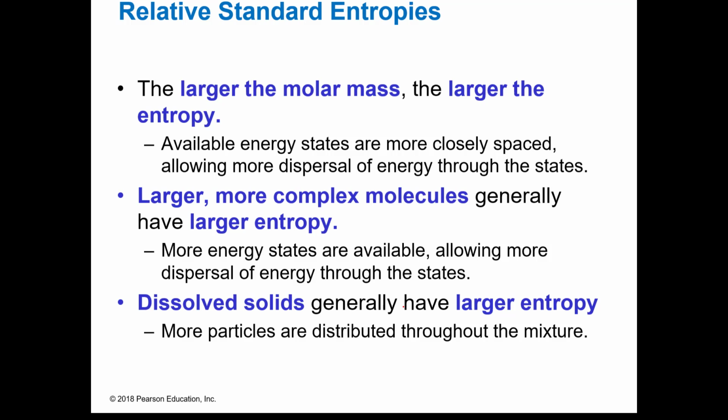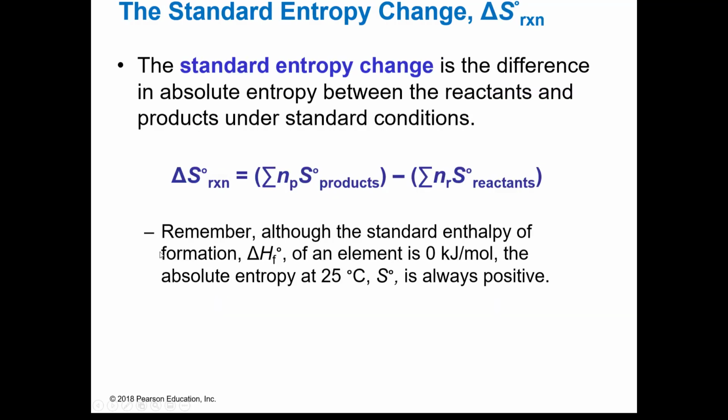Also, as we've said before, the larger the molar mass, the larger the entropy, because you have more pieces that could go together in different ways. The more complex, the larger the entropy. Dissolved solids typically have larger entropy than in their solid form. So the standard entropy change is the difference between the products and the reactants.